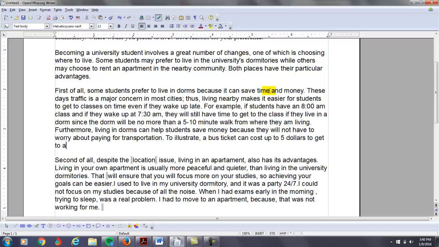To get to and from campus if students live in apartments. So it costs up to $5 a day.